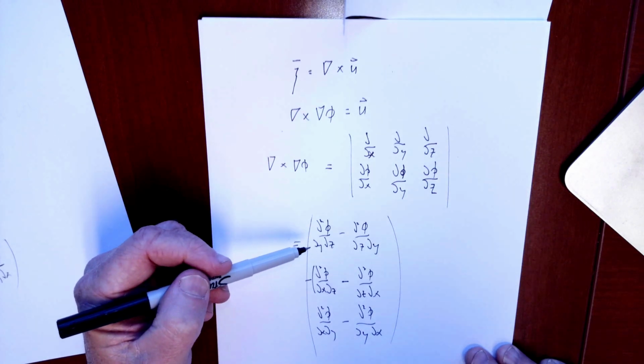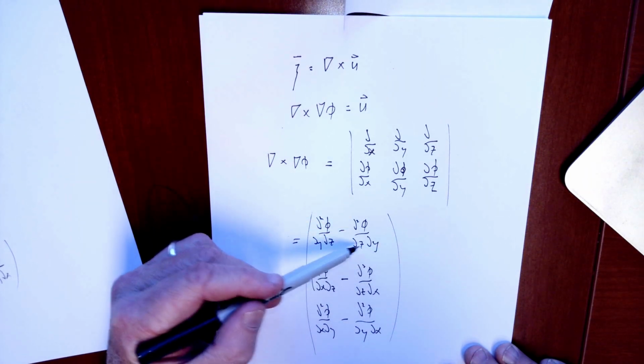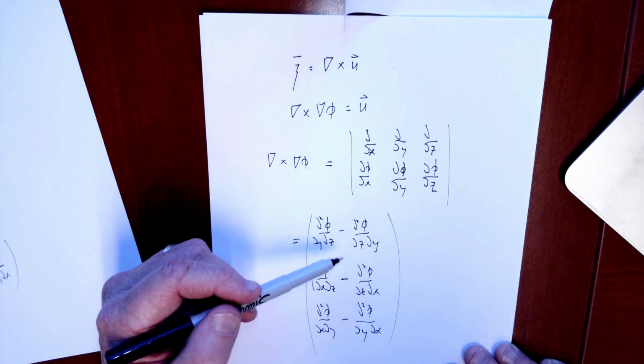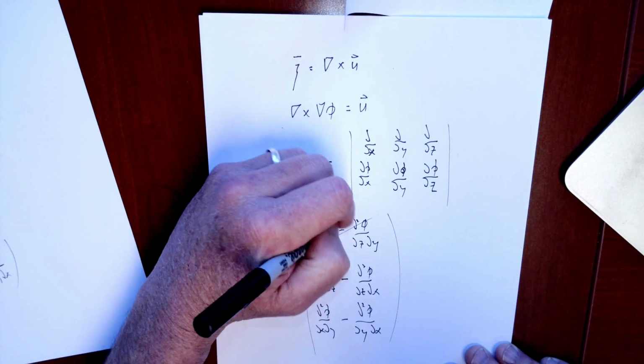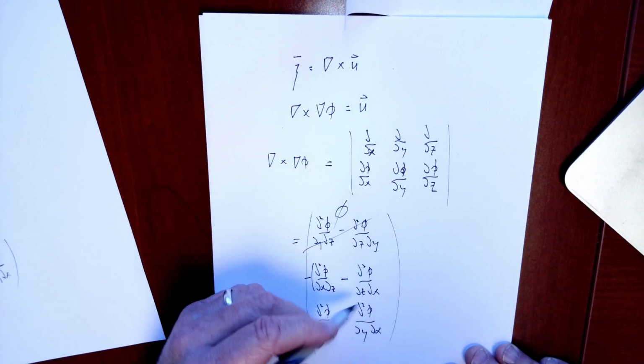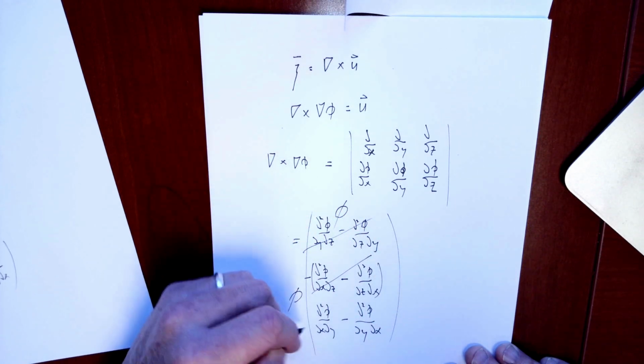So if you look at these, I have the second derivative dy dz minus the second derivative dz dy. Well, for smooth continuous functions, those two equal each other. So that's going to be 0. And I have the second derivative dx dz and the second derivative dz dx. Those also equal each other, so that's also 0.